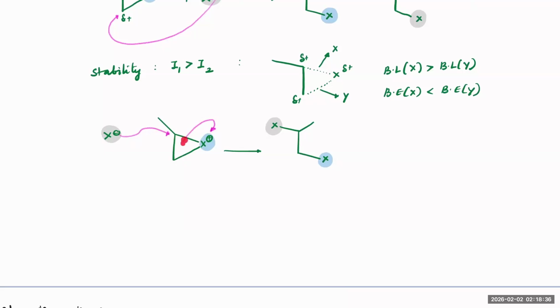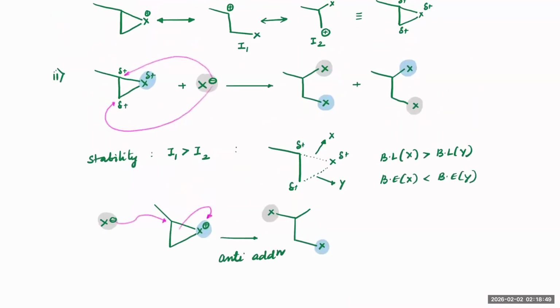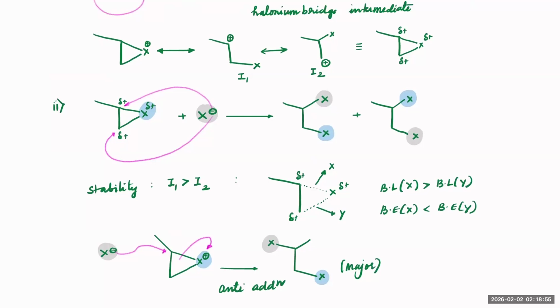Therefore, the bond breaking and the bond making are opposite to each other. Hence, this is an anti-addition. So remember, halogenation is an anti-addition in this case. And this is the major product.